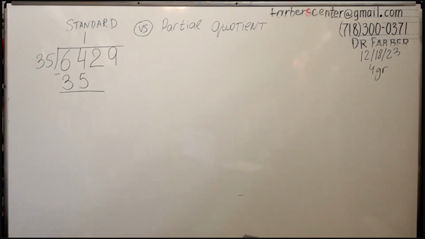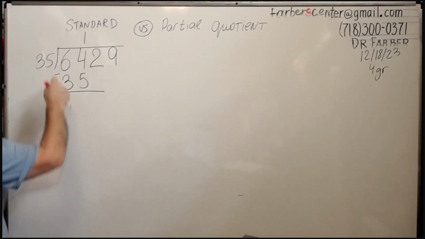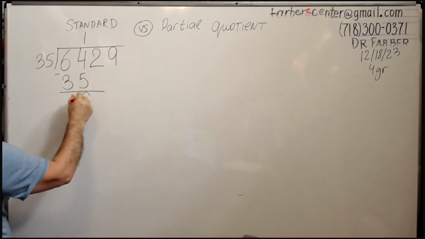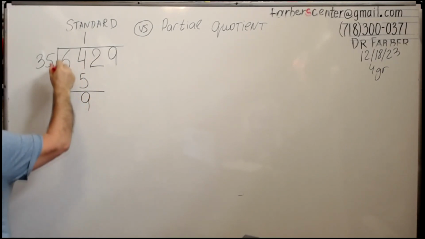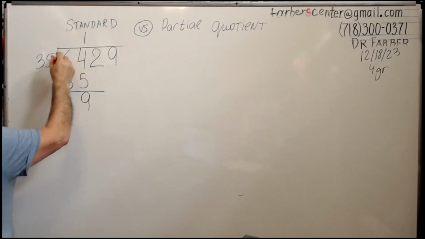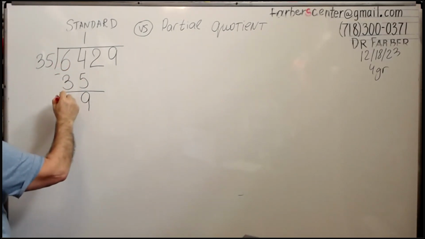Now, you second grade, you subtract from 64, you subtract 35. So, borrow 1, 14 minus 5 is 9. And what is left, 5 left? 5 minus 3 is 2.